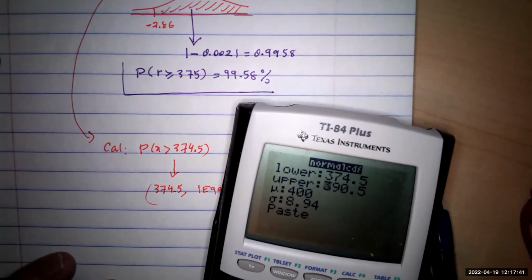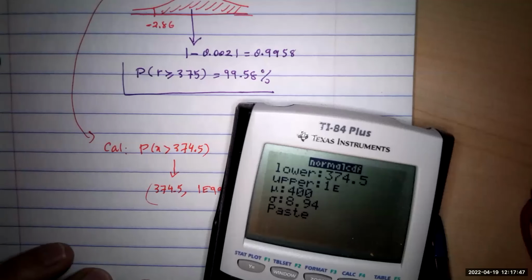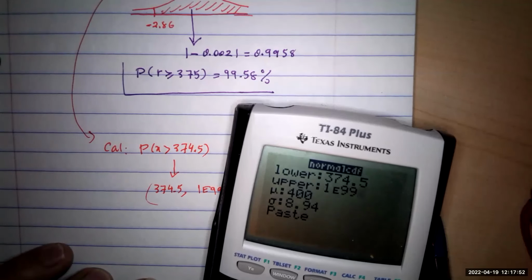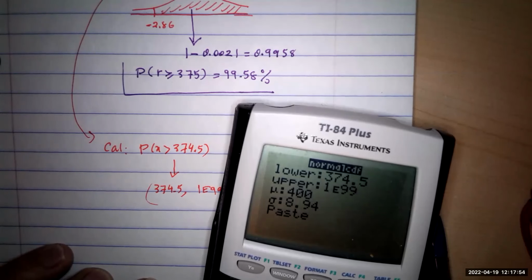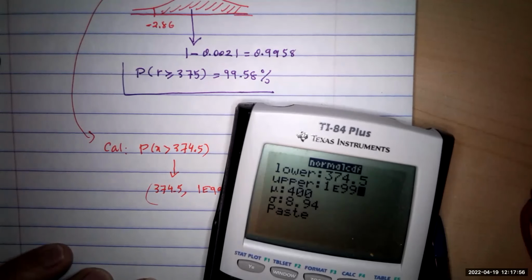The upper one is different. The upper one is infinity, so it's going to be 1, remember the E is here, E99. And the rest are going to be the same: mu of 400 and sigma of 8.4.